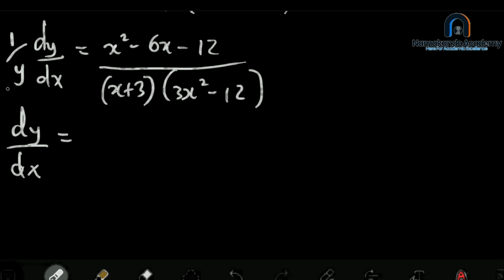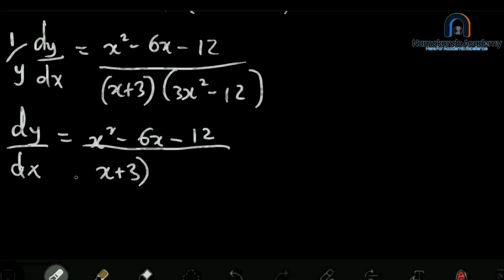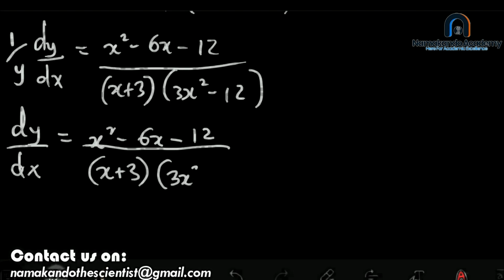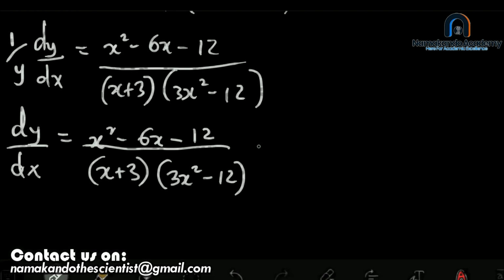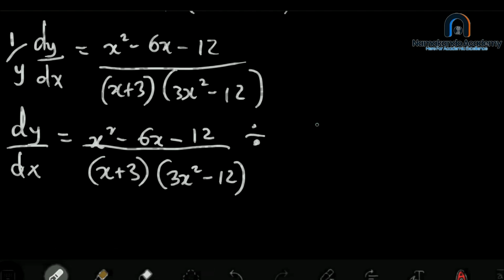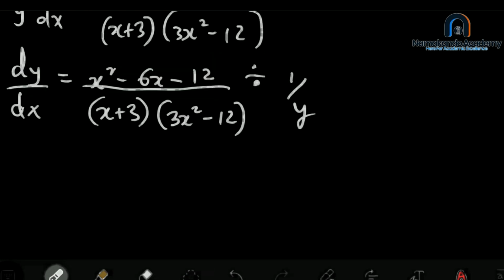When we do that, we divide both sides by 1 over y. So we get x squared minus 6x minus 12 over x plus 3 times 3x squared minus 12, to divide with 1 over y.